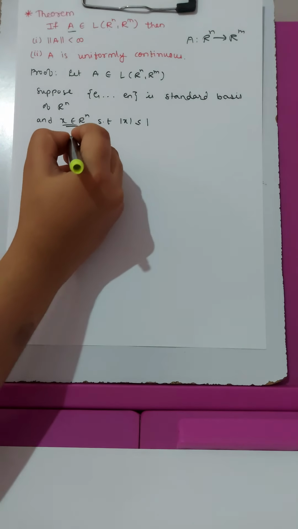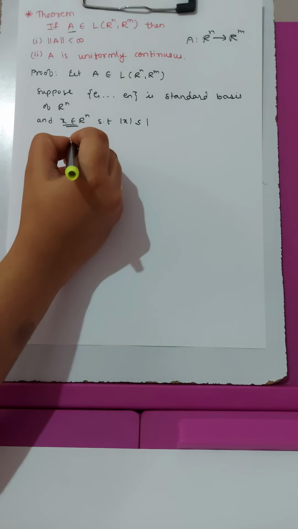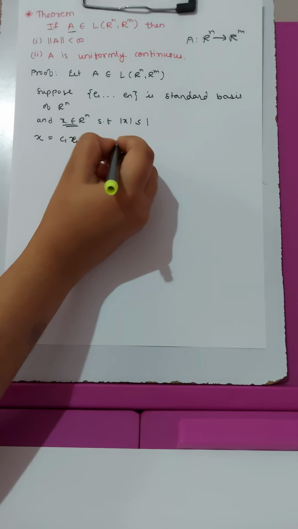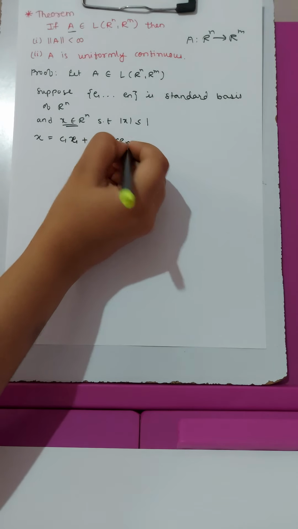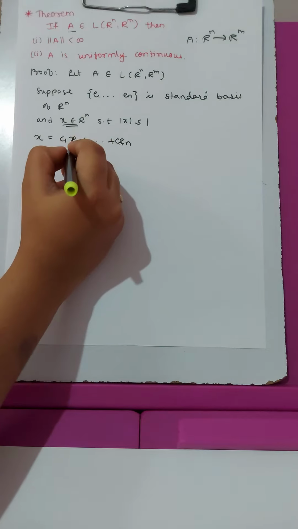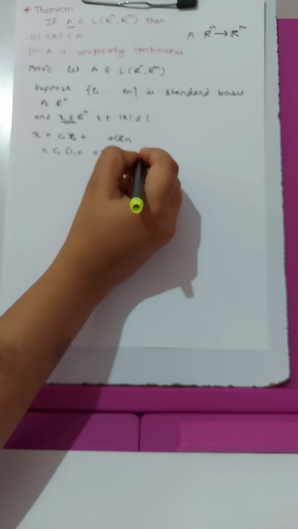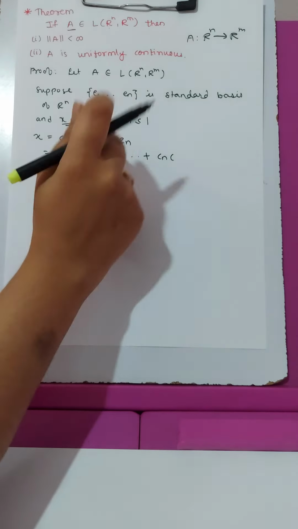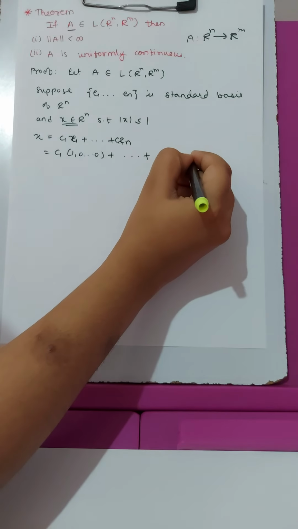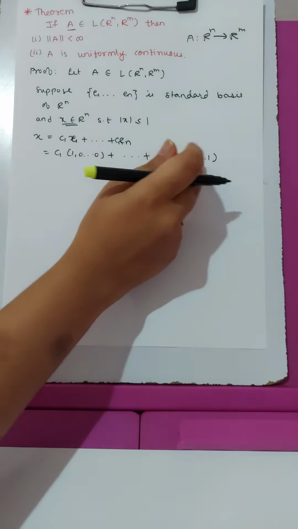Therefore x can be expressed as c1 e1 plus up to so on cn en. We know that e1 is (1, 0, 0, ...) and en will be 0 everywhere, with 1 at the nth position.